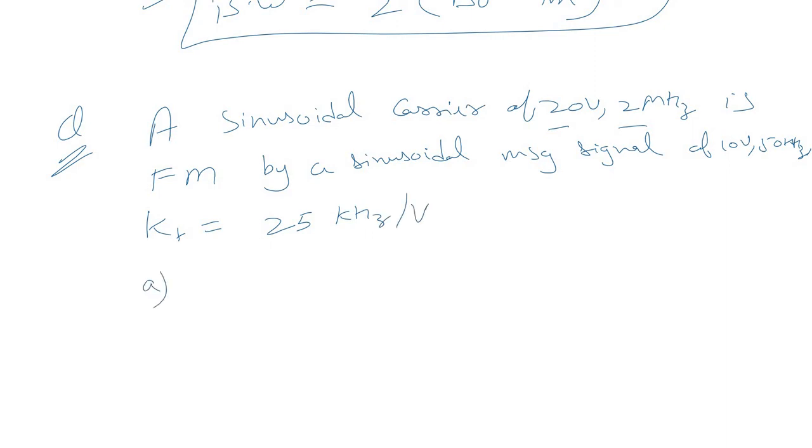The first part of the question is to find delta f, that is the frequency deviation, modulation index beta, bandwidth and power.